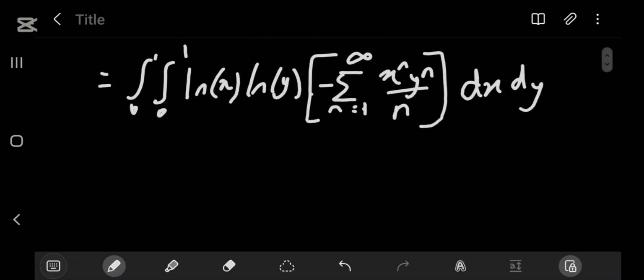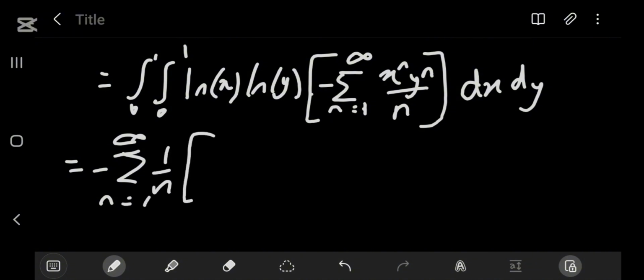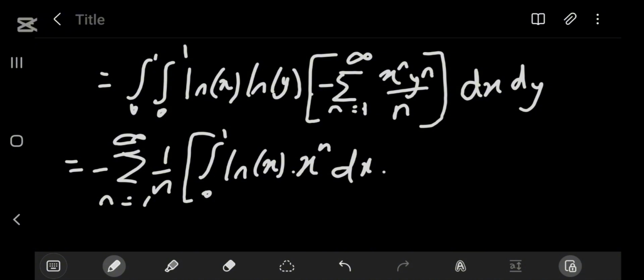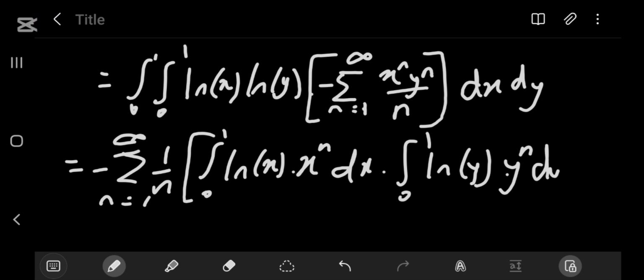Let's take this minus and sigma outside of the integral, and we are left with minus the sum from n equals 1 to infinity of 1 over n, times the integral from 0 to 1 of ln x times x to the power n dx, and the integral from 0 to 1 of ln y times y to the power n dy.